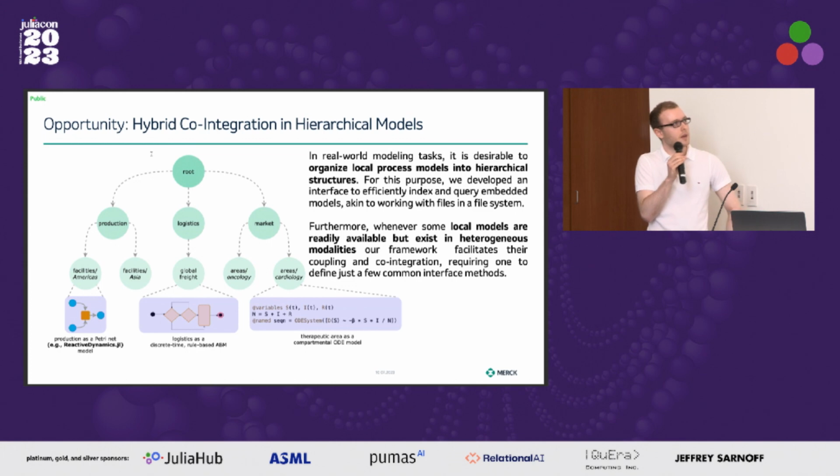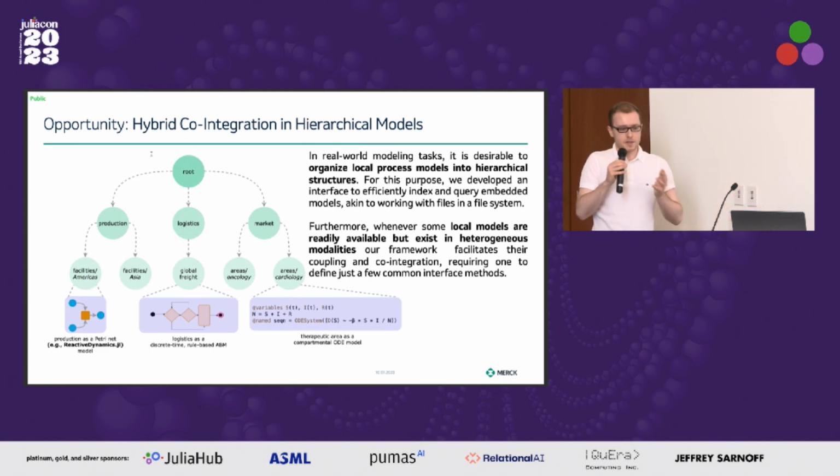So, for example, as you can see, the tree depicts some hierarchy of agents where we can structure, for example, the pharma company into different areas, into different departments, and there's some department for production, and this department has some embedded agents, and something similar is, for example, for logistics and for market, and all these agents or entities can be put into this single hierarchy.